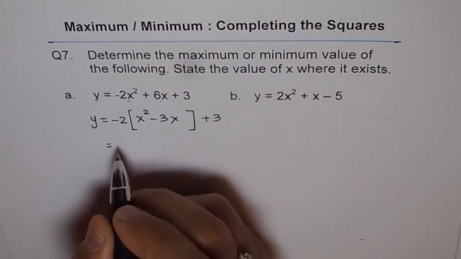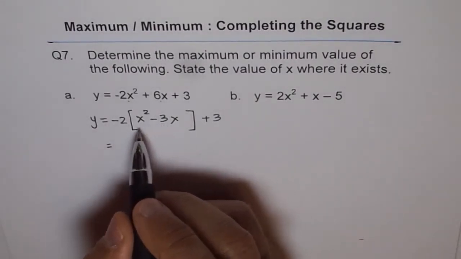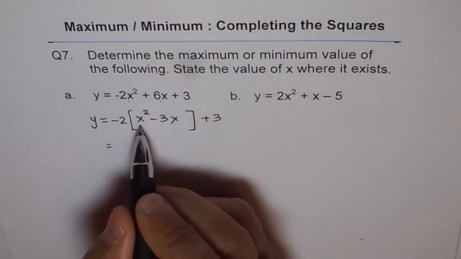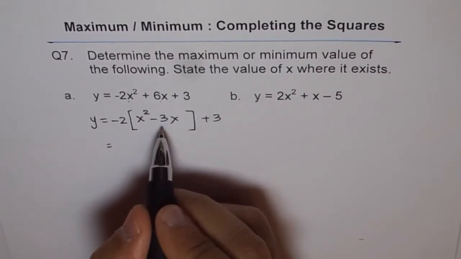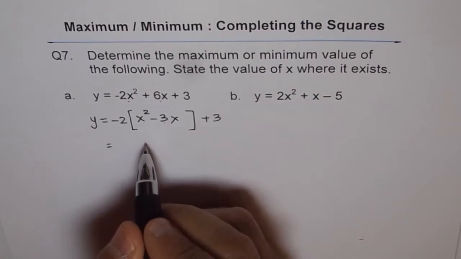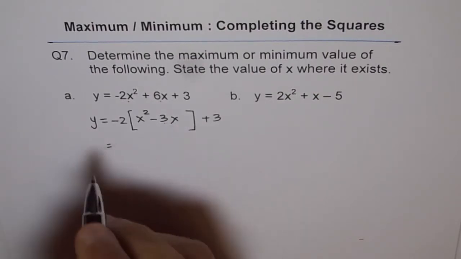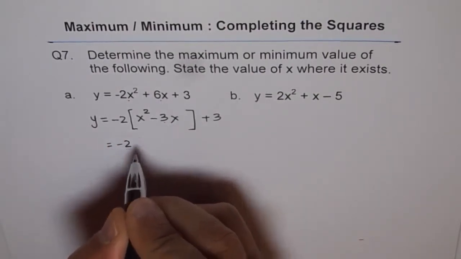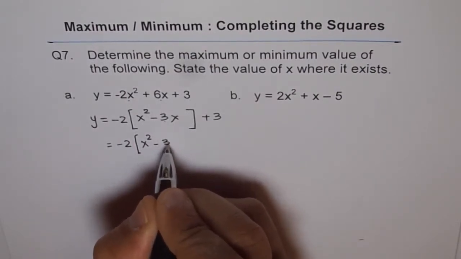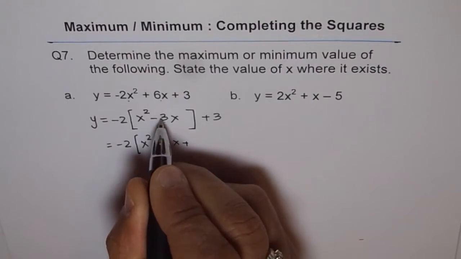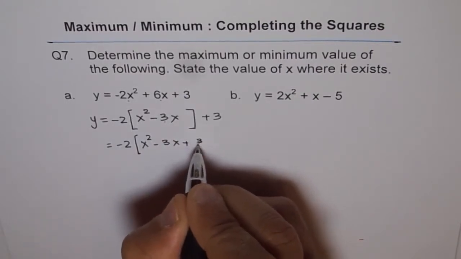Next step is, you have to do completing the squares and make it a perfect square. The way to make a perfect square is to take half of this number and add and subtract its square. So that is the next step. So we'll do that. So you get x squared minus 3x plus, what is half of 3? It is 3 over 2, right?